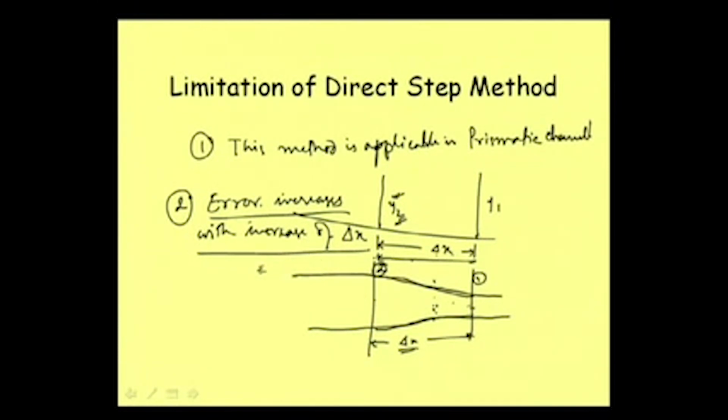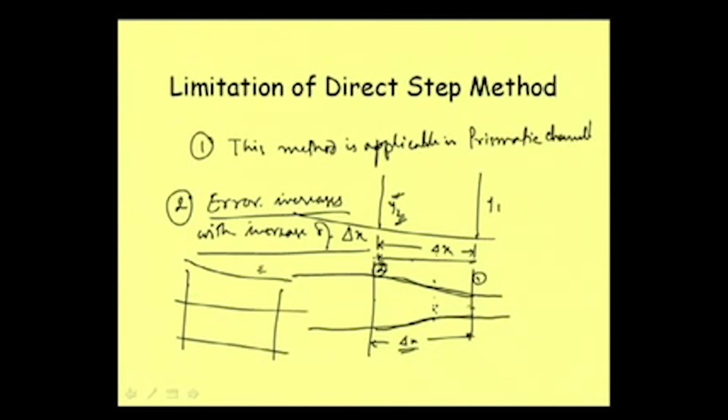Why? Because the actual flow profile is, well, let me draw another diagram here. Suppose the energy slope line may not be straight. Suppose the energy slope line is like this.